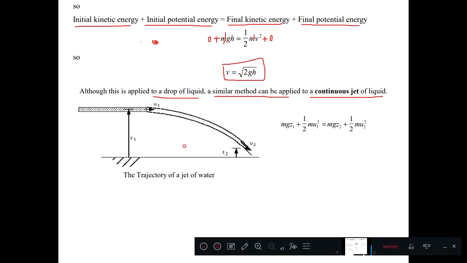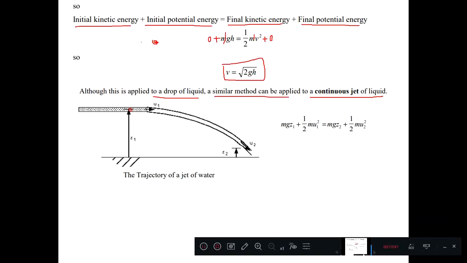If we apply this here, what will happen? We can consider the situation as in the figure: a continuous jet of water coming from a pipe with a velocity u1. Consider one particle of the liquid with a mass m that travels with the jet and falls from a height z1 to z2.